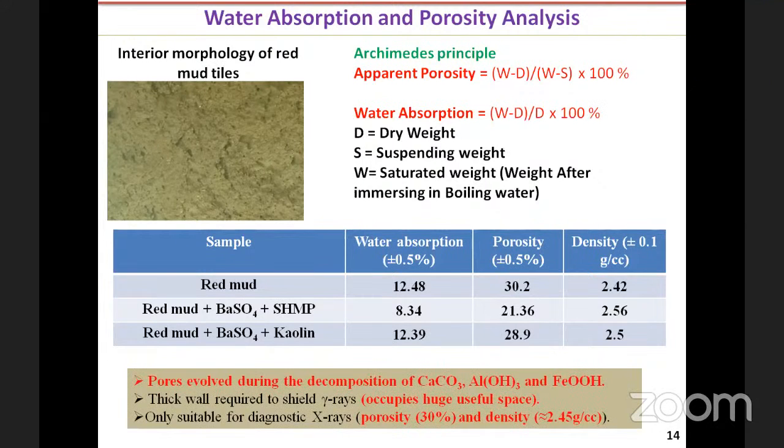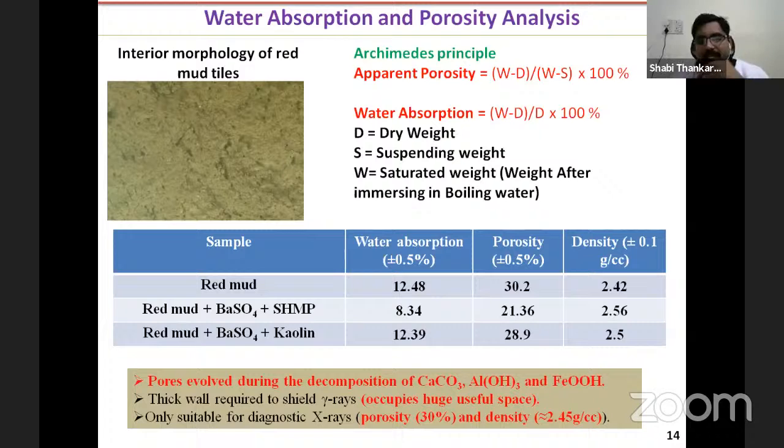We could use it, but we would need a very wide wall, and it would consume a lot of space. These pores come from the sintering, because the calcium carbonate, aluminum hydroxide, and ferrous hydroxide decompose and release vapor, which gets trapped and forms pores.